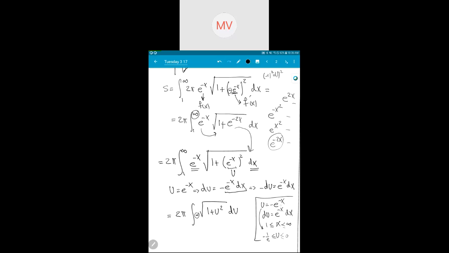Because if you plug infinity into this, e to the negative infinity is 0. And if you plug in 1, it's negative e to the negative 1, that's 1 over e, so it's negative 1 over e. Whereas for this guy, with that option, u only goes from 1 over e to 0. There's no negative right here, so it only becomes that one.